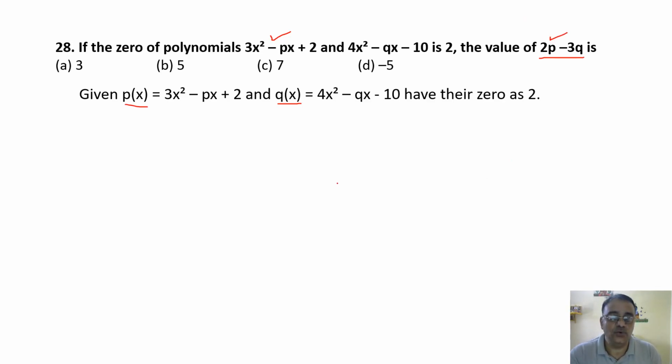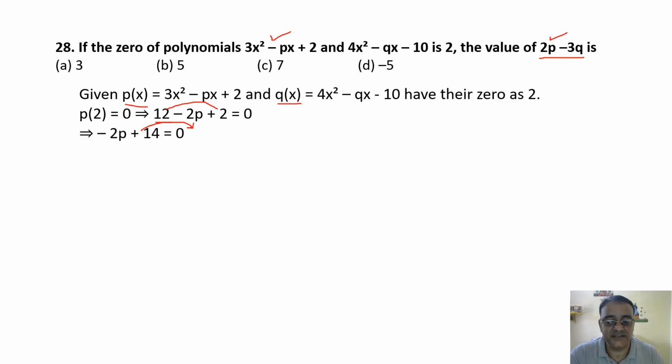So first p of 2 is equal to 0, so we are getting 12 minus 2p plus 2, so 12 plus 2 is 14. If you shift 14 to this side it will become minus 14, minus 14 by minus 2 is 7.